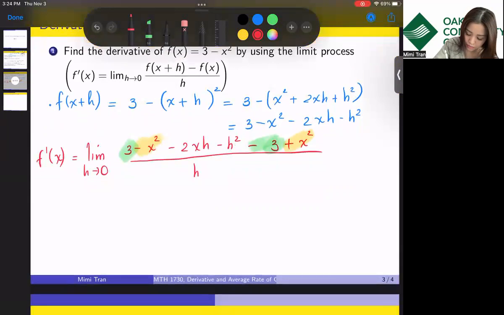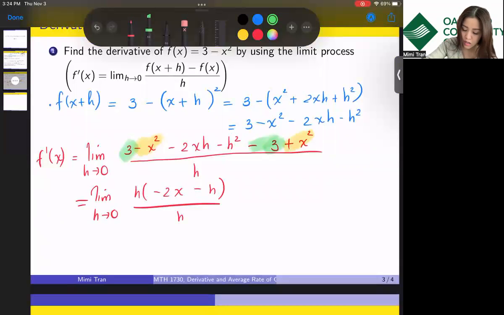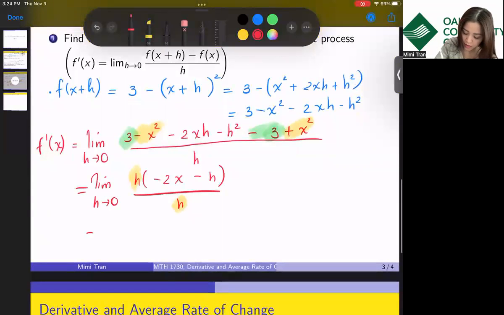So equals the limit as h approaches 0. Factor out the h, I have negative 2x minus h over h. This one cancels with this one on the bottom. So I have the limit as h approaches 0 of negative 2x minus h.